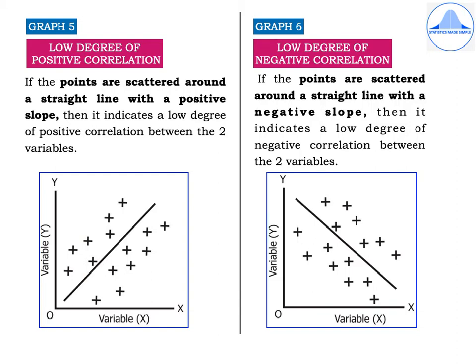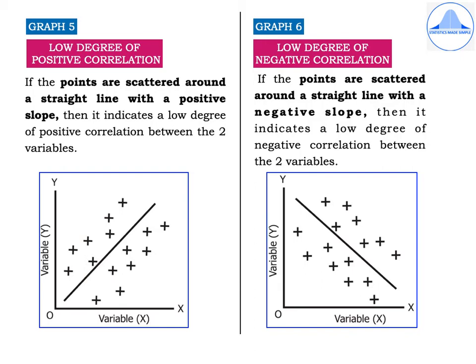And when we plot each x and y value, we get the following graph. And you see that in the graph you have a straight line with a positive slope, and the points are not very close to this line, but they are scattered around the line, and it indicates a low degree of positive correlation.